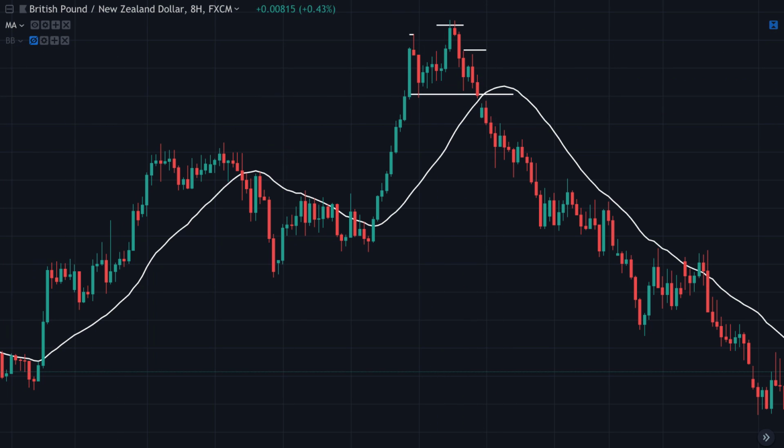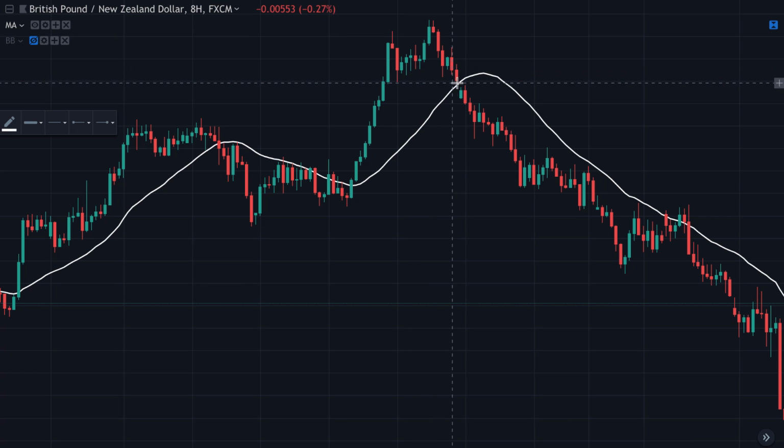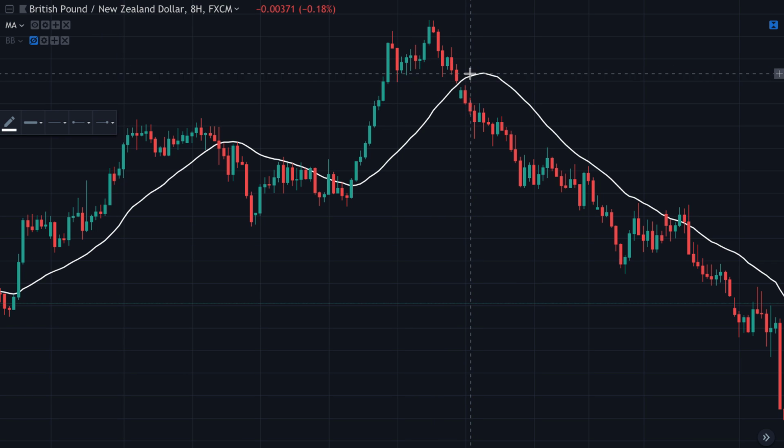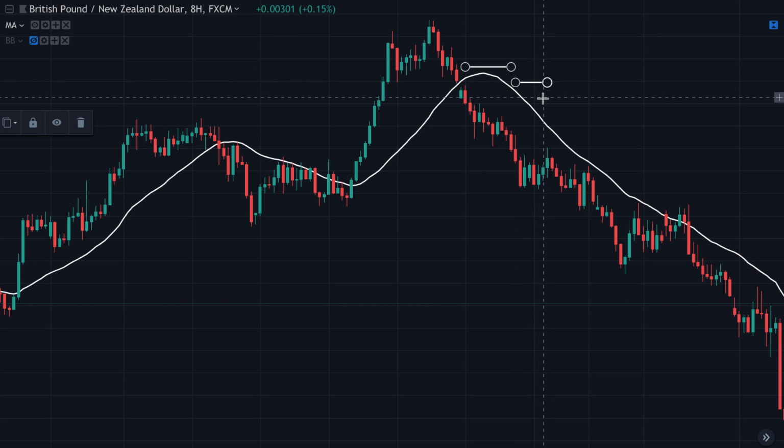Let's say we are short from when this pattern broke. We even gapped for the entry, so this is a nice confirmation. And then the general way how you would place your stop loss is straightforward. You would just use the moving average and then put your stop loss on the other side. So, and then as the price moves along, you would adjust your stop loss.